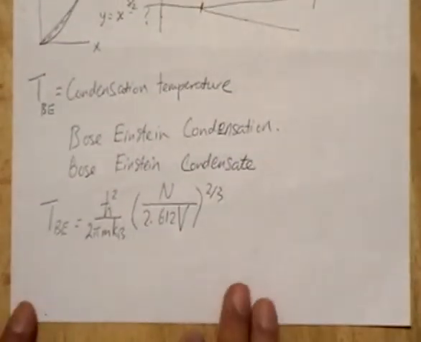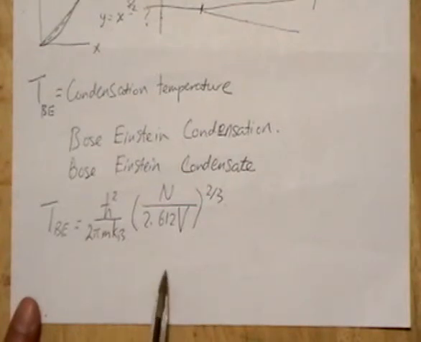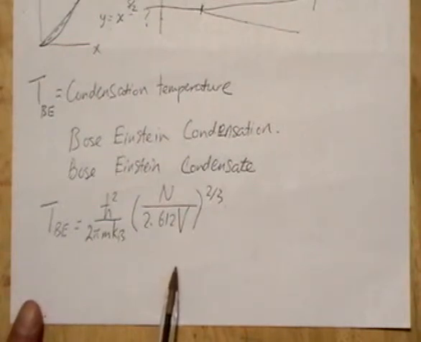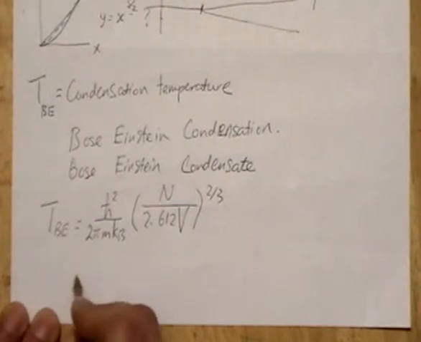So with this T_BE, we can actually calculate an answer for the T_BE of liquid helium if we assume that it's a boson gas. You can see how big an assumption that is, because we are talking about liquid helium and yet we are going to assume that it is a gas. But let's press on with this assumption.